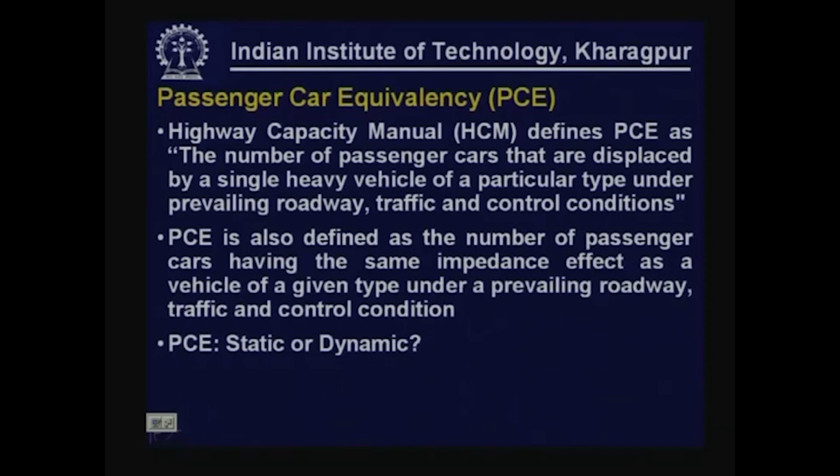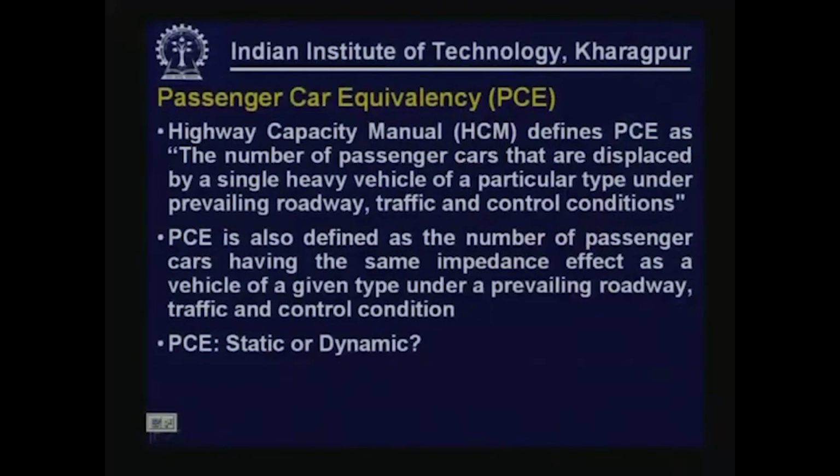So, PCE or passenger car equivalency, in India we often call it passenger car unit, is also defined as the number of passenger cars having the same impedance effect as a vehicle of a given type under prevailing roadway, traffic and control conditions. The way a truck affects traffic, if I try to see it, is equivalent to how many cars, and that will again depend on what the roadway condition is and what the control condition is.